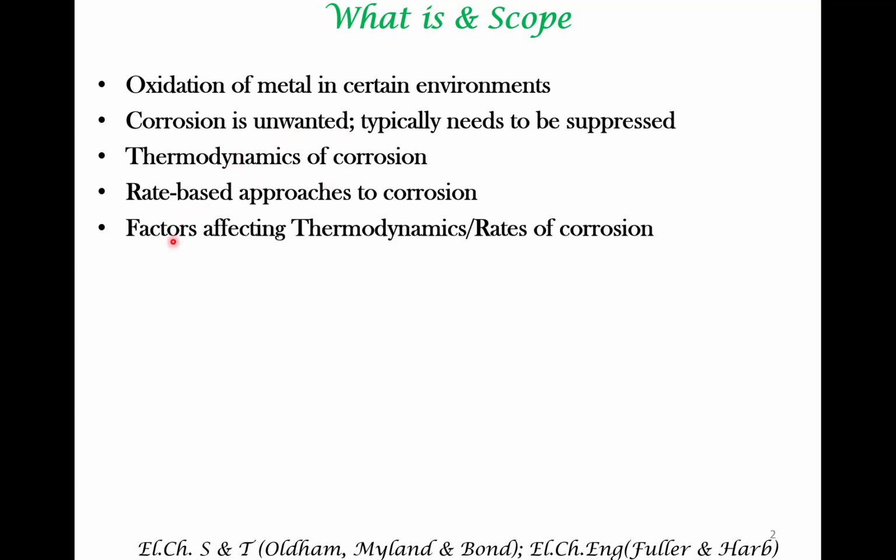We will look at the factors that affect the thermodynamics and the rates of corrosion. Finally, what is important is what are the typical methods that are used to suppress or prevent corrosion. These fall under the category of corrosion protection.